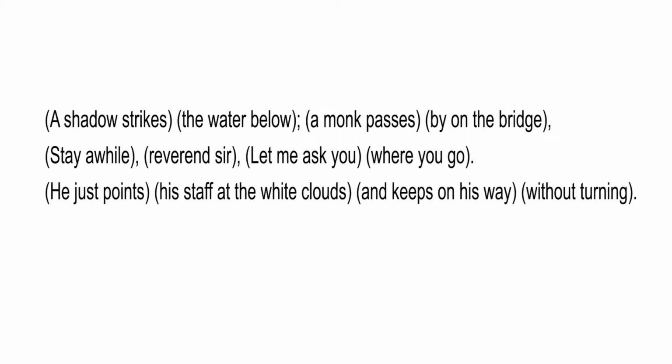Okay? And so a shadow strikes the water below. A monk passes by on a bridge. Stay a while, Reverend Sir. Let me ask you where you go. He just points his staff at the white clouds and keeps on his way without turning.